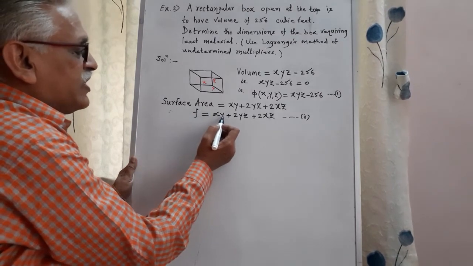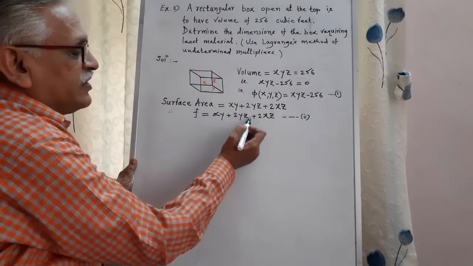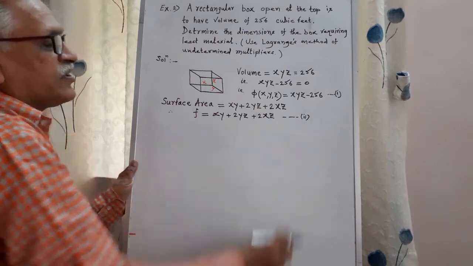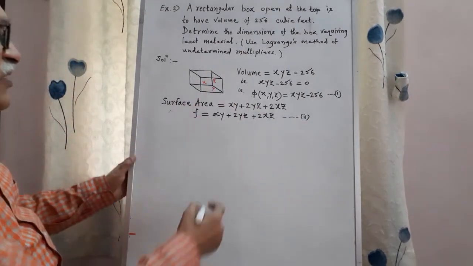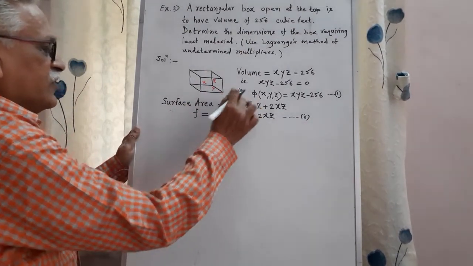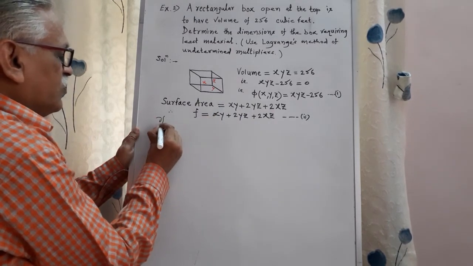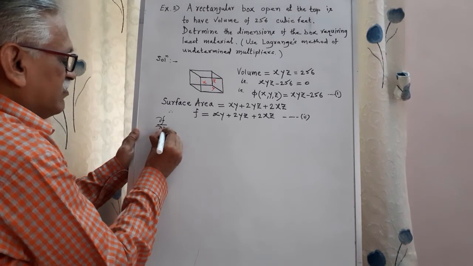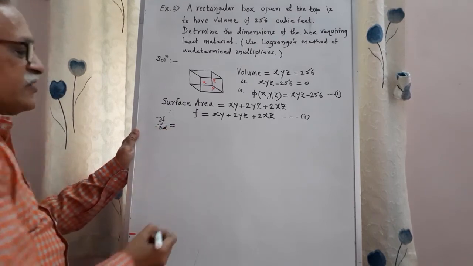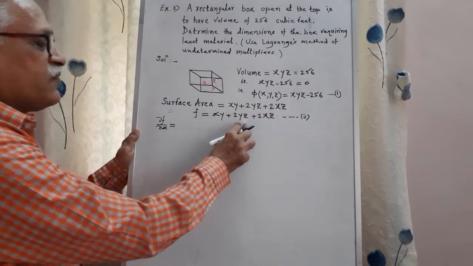Therefore f is equal to xy plus 2yz plus 2xz as equation number 2, and then we find the derivatives of this f with respect to x, y, z. Therefore dou f by dou x: differentiating with respect to x, each and every term we have to differentiate.